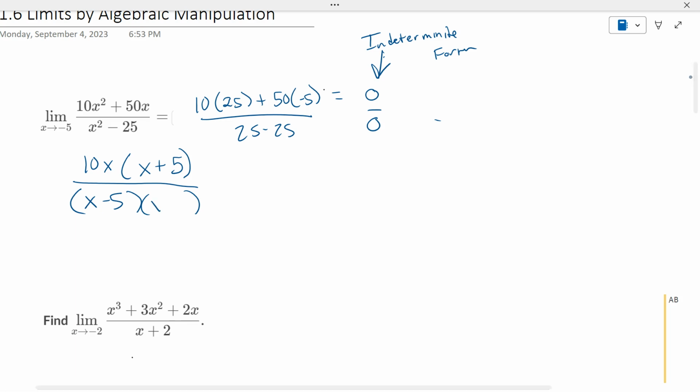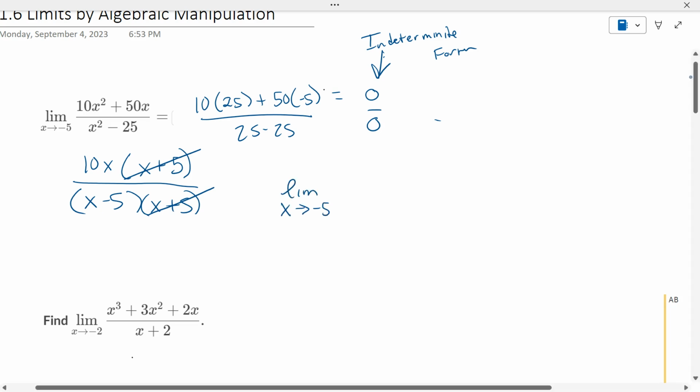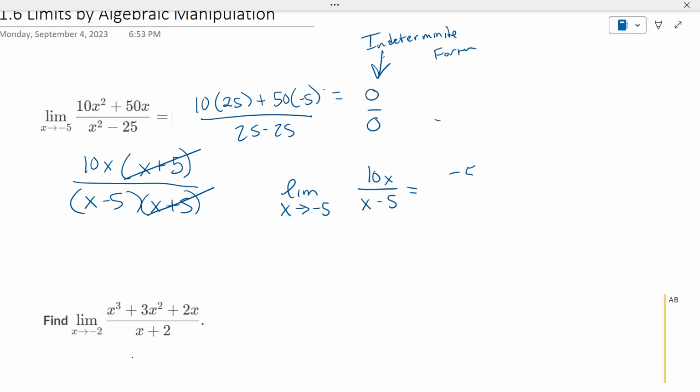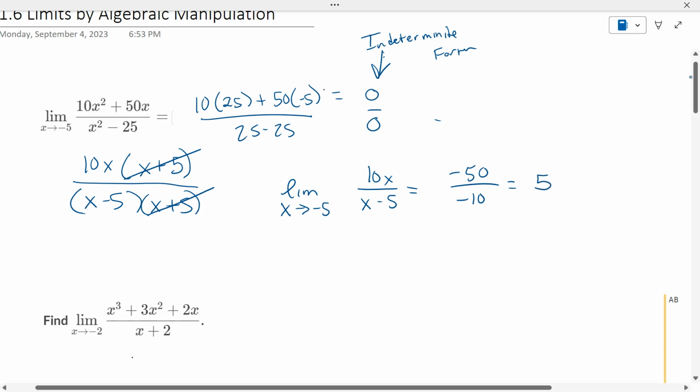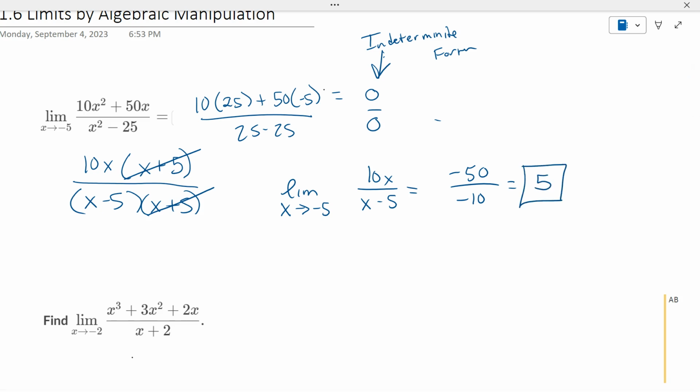X minus 5, x plus 5, right? Well, now these cancel. So I'm really taking the limit as x approaches -5 of 10x over x minus 5. So if I plug in my -5 now, I get -50 over -10, which is +5. So if you get indeterminate form, that means you can probably factor or do something else, which we'll get to.